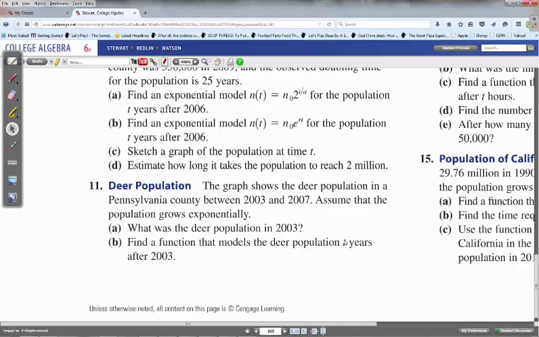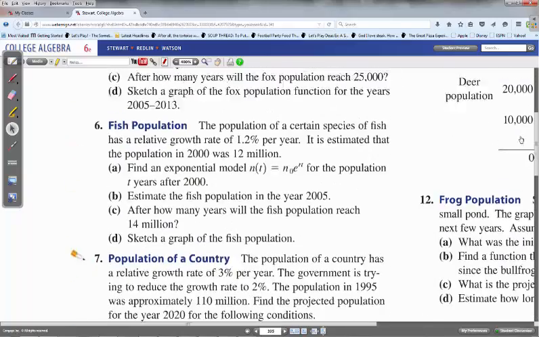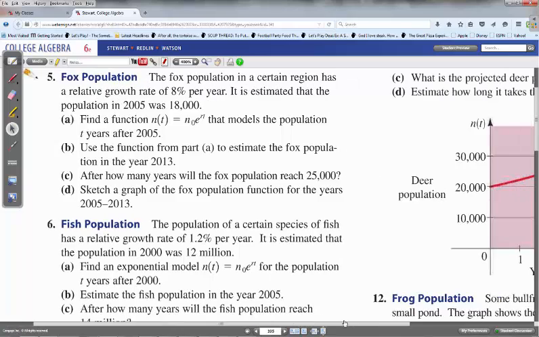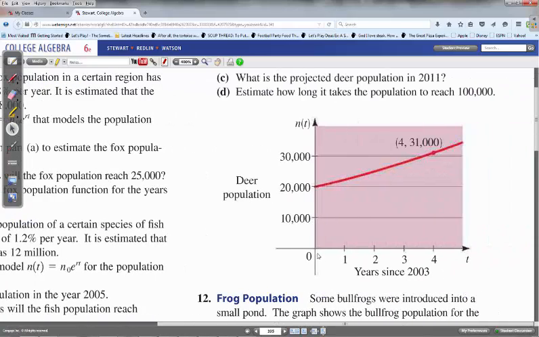So, if t is the number of years after 2003, then t equals 0 would correspond to 2003. And that's what the graph shows. At t equals 0, it looks like we have 20,000. So just building our basic equation then, if we're going to build an exponential growth model, remember our exponential growth model is our new amount equals our original amount times e to the rt.